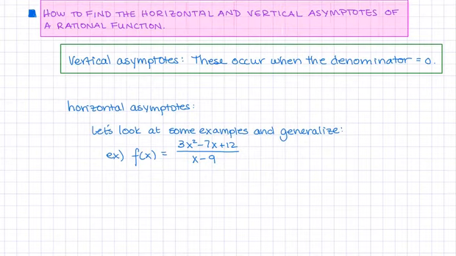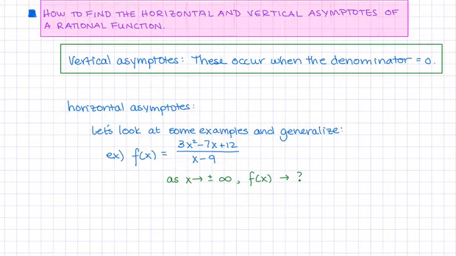Remember, our ultimate goal to find a horizontal asymptote is to know what's happening as x is approaching positive or negative infinity. What does f of x approach?